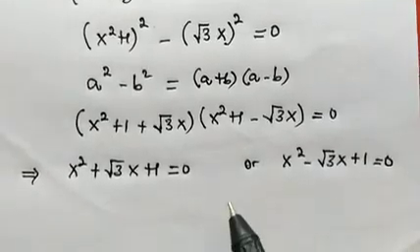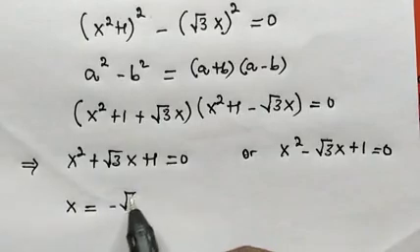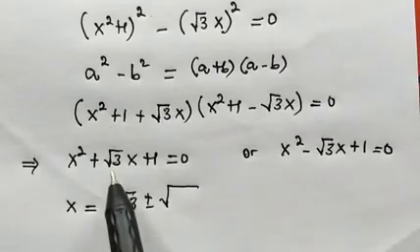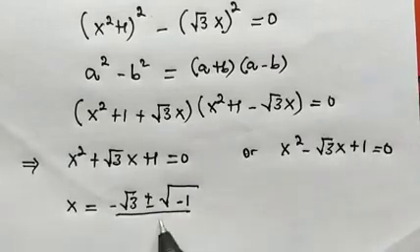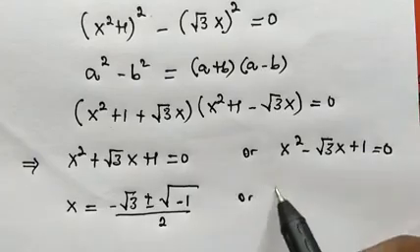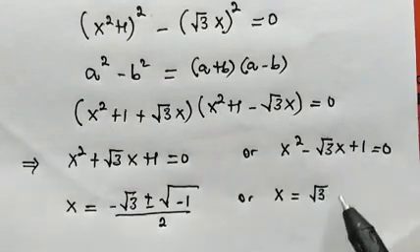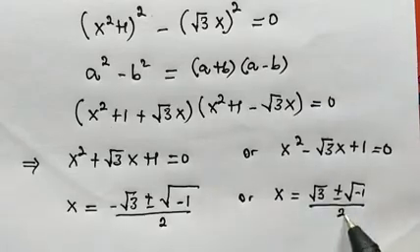Now using the general quadratic formula, we get here x is equal to negative b, which is negative root 3, plus or minus square root of b squared, which is root 3 squared, which is 3, minus 4ac. 3 minus 4 will give us negative 1. Then the whole of this is divided by 2. The other one will almost be the same thing, except that we have just positive root 3 from here, and we still have square root of negative 1 over 2.